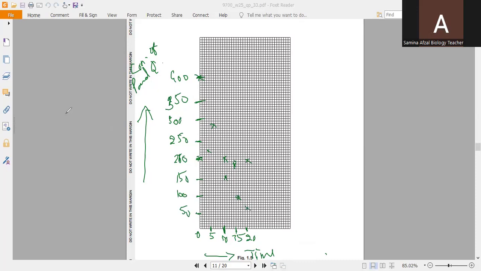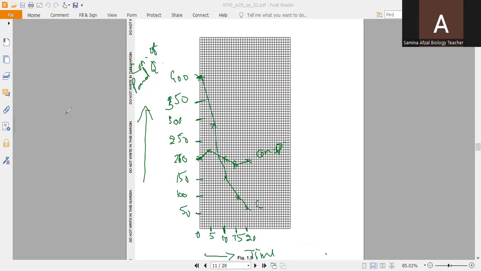So first, draw them with scale from this point to this point, then this point and this point. This curve is for concentration P. Now the second will be in this way, and then it will be joined with this value, with this, and then this.